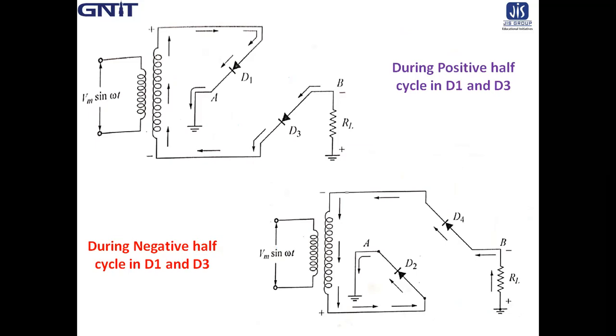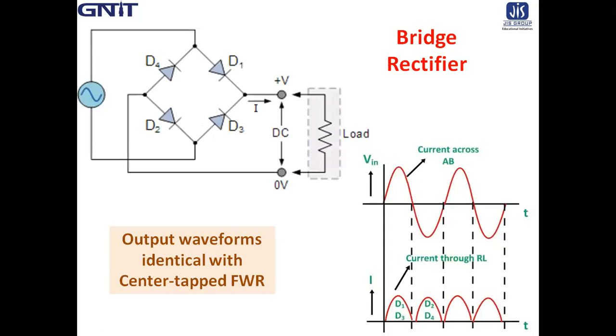Now the question is, what is the value of IDC, IRMS, ripple factor, efficiency, whatever. Is it different? Think about the matter. First think about IDC and IRMS. Is it different from center tap full wave rectifier, or is it same? So waveform is identical with the center tap full wave rectifier.